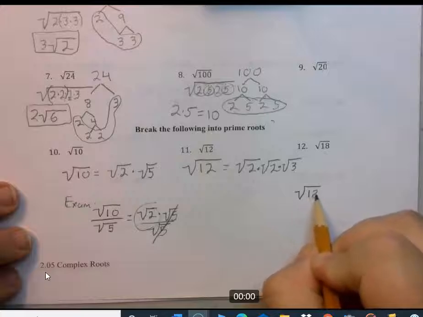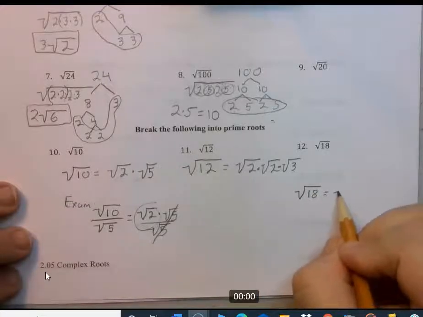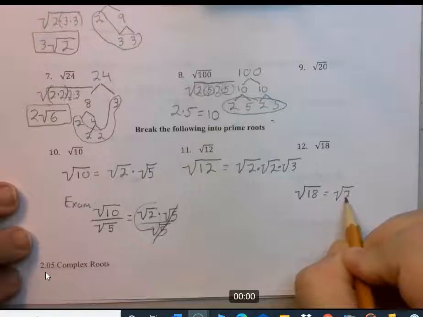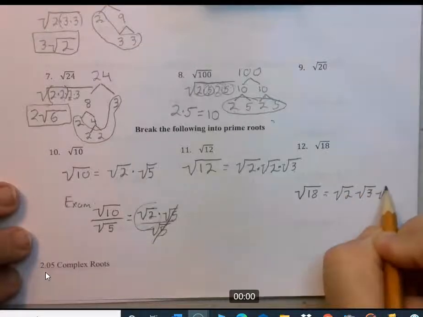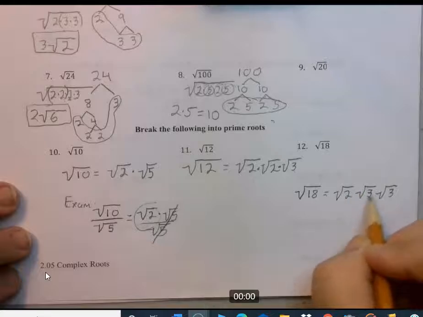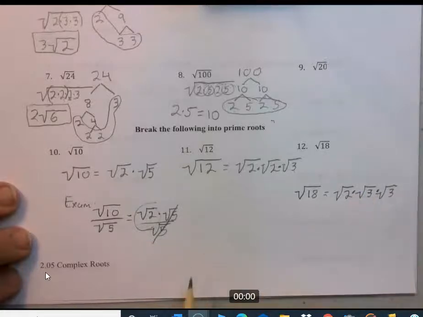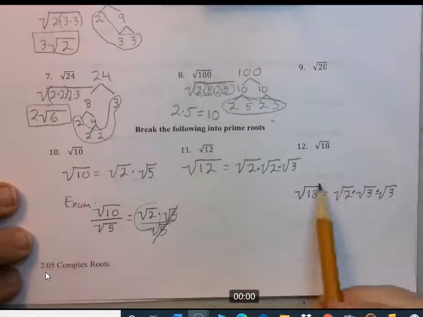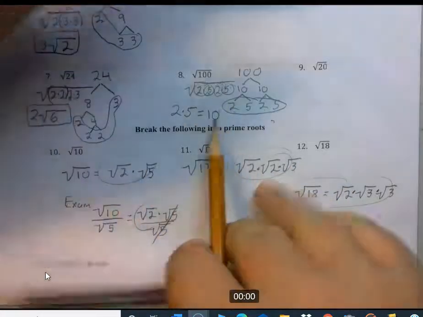This is more instruction than it is checking to see that you know it. That's going to be root 2 times root 3 times root 3. Again, you want to prime factor it. I'm not asking you to simplify it. So that can be broken into that, okay? All right. Okay, let's move on.